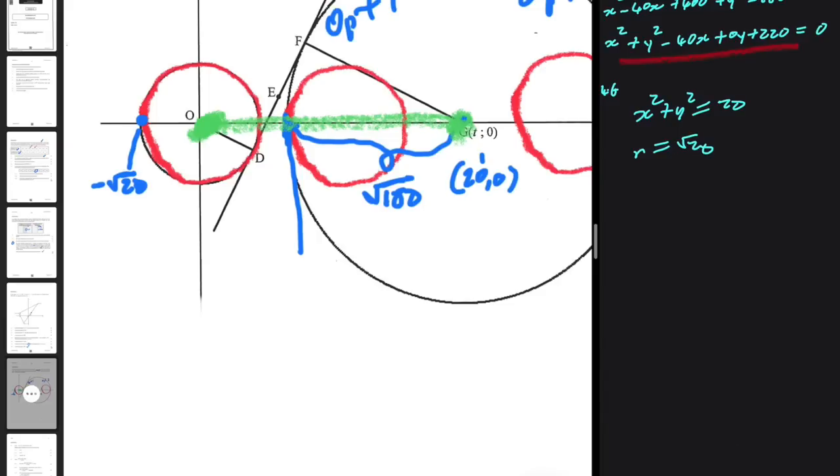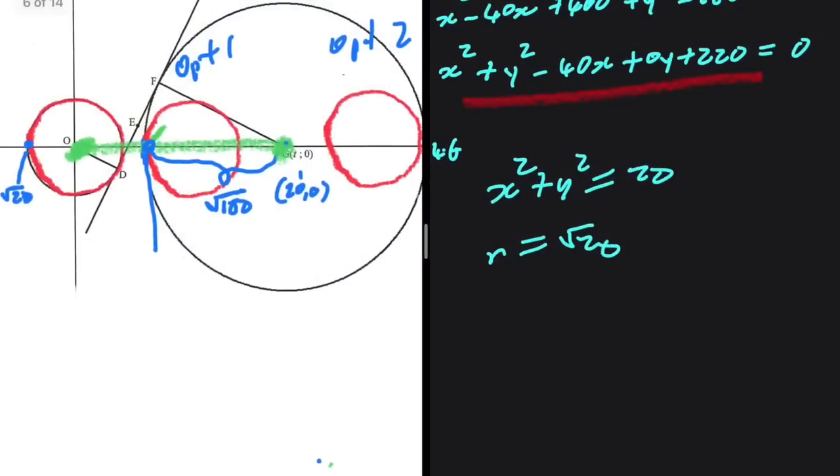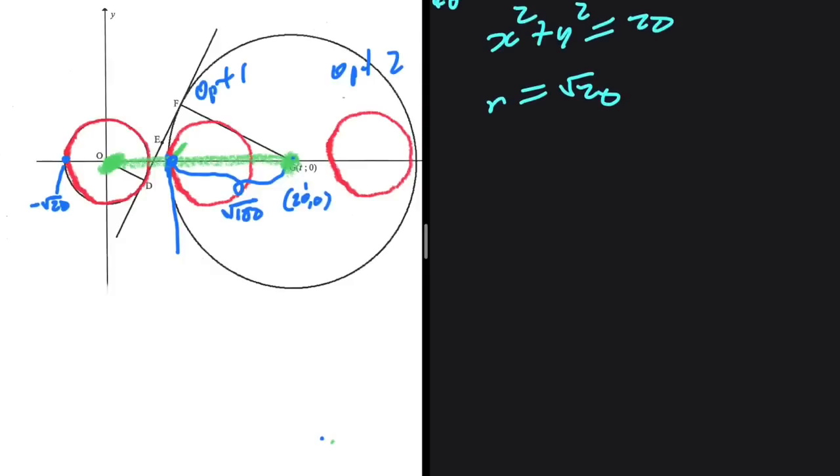So if we want to find the x coordinate at this point, let me enlarge where I have to write now, we can call it q. The value of q is equal to 20 minus the square root of 180.